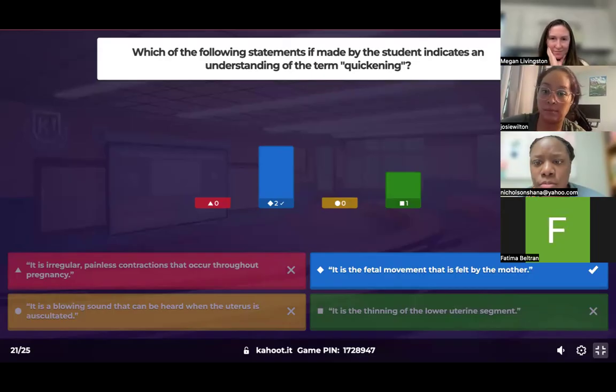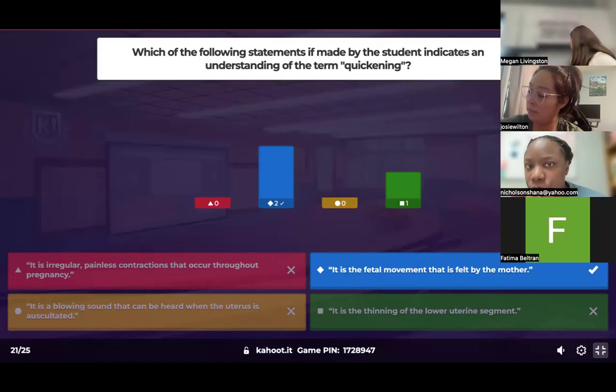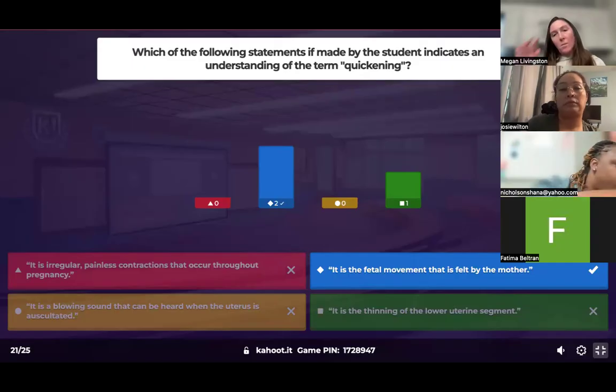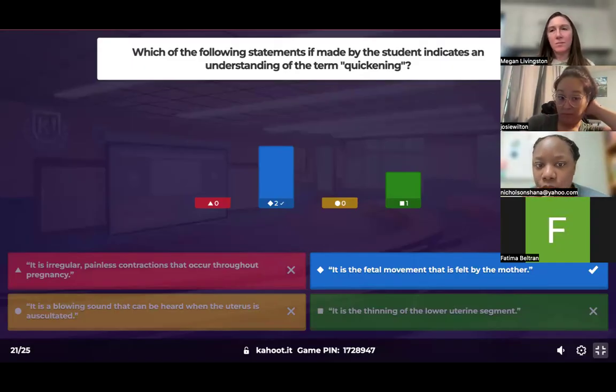That is our quickening. So irregular painless contractions that occur throughout pregnancy, what would those be? Braxton Hicks. Braxton Hicks, yep.